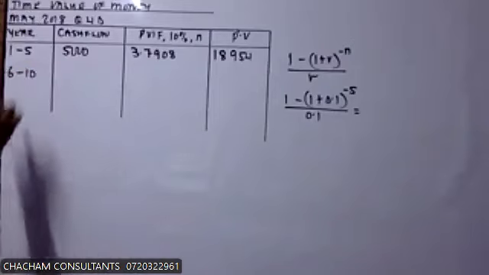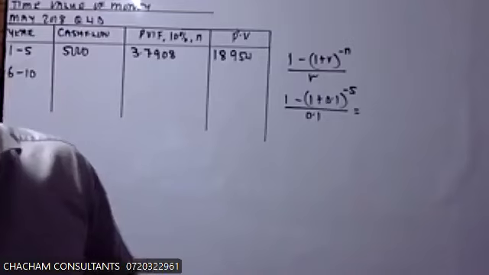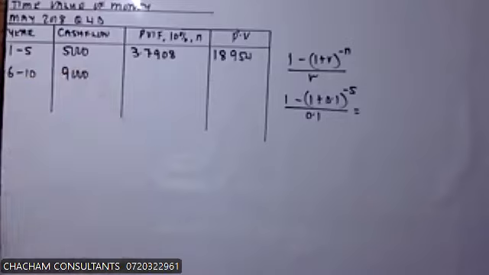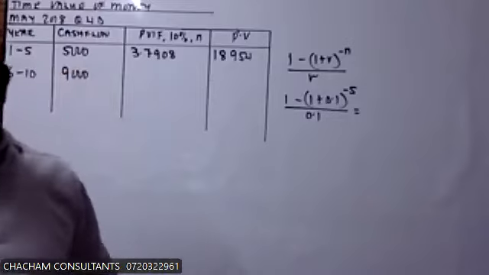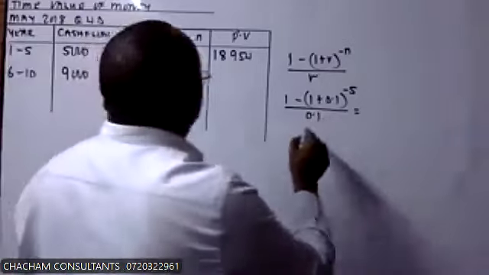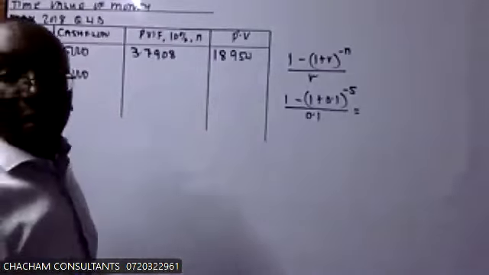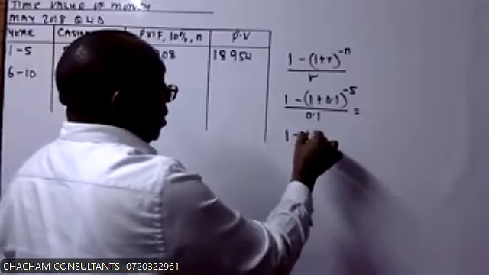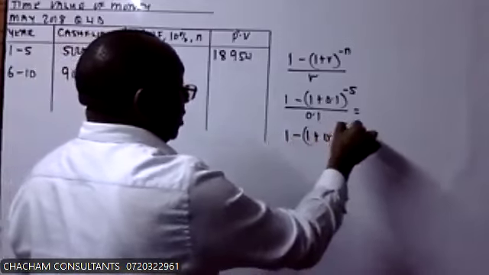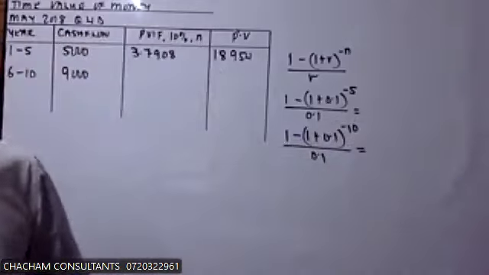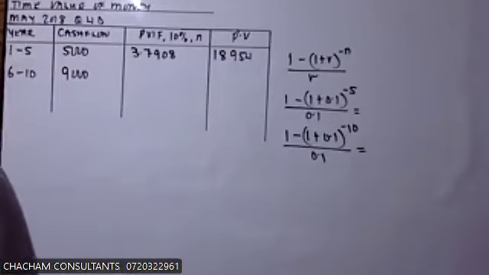Now, 6 to 10 years, the cash flow is 9,000. For you to get this one, you will get the one for 10. So it will be 1 minus 1 plus 0.1 raised to the power minus 10, divided by 0.1. So first of all, you read at 10 years.